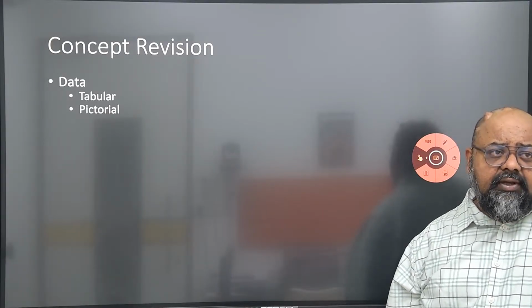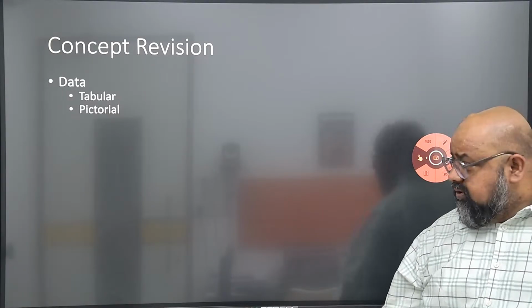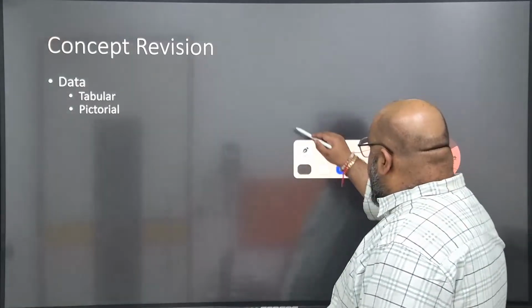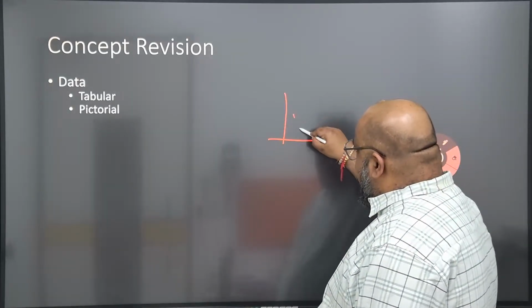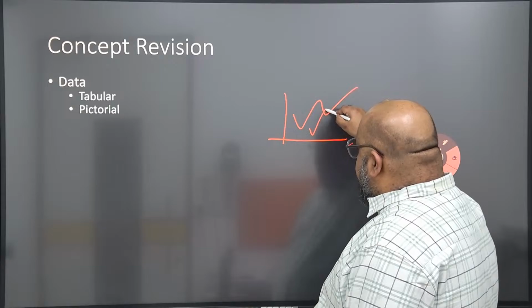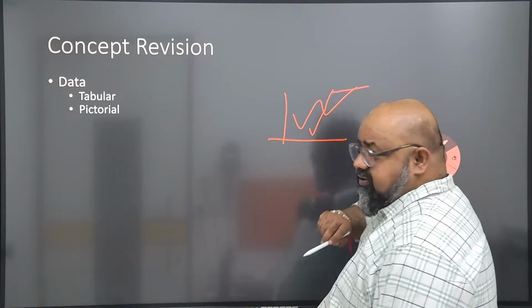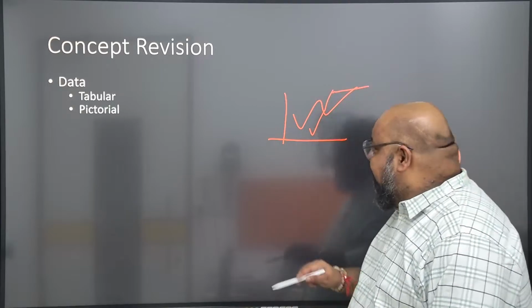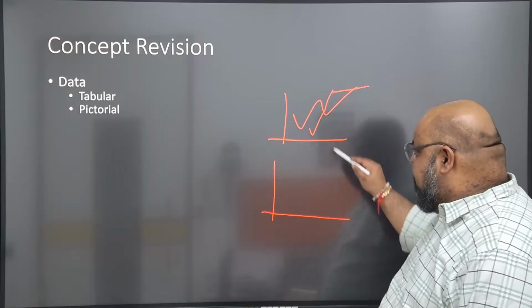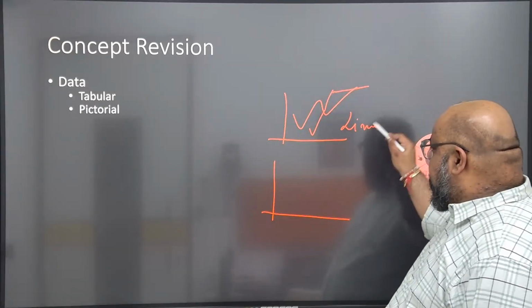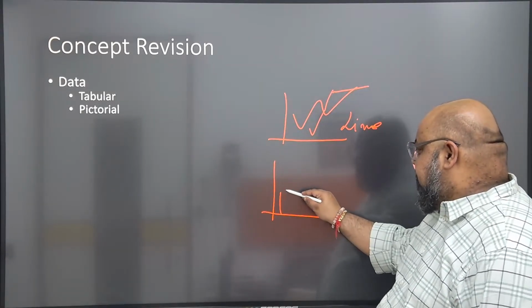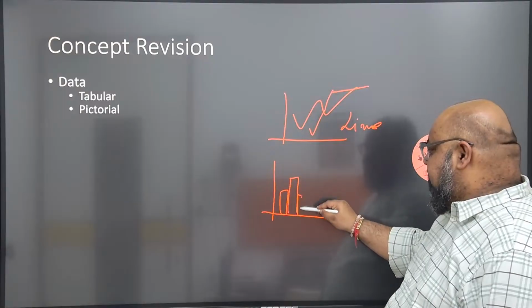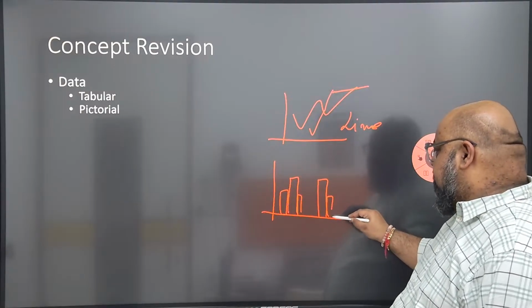For example, I could have a line chart, something like this, with different lines representing different values. I could have a pie chart or a bar chart. So this is a line chart. I could have a bar chart, where different bars represent values for different products in different years.